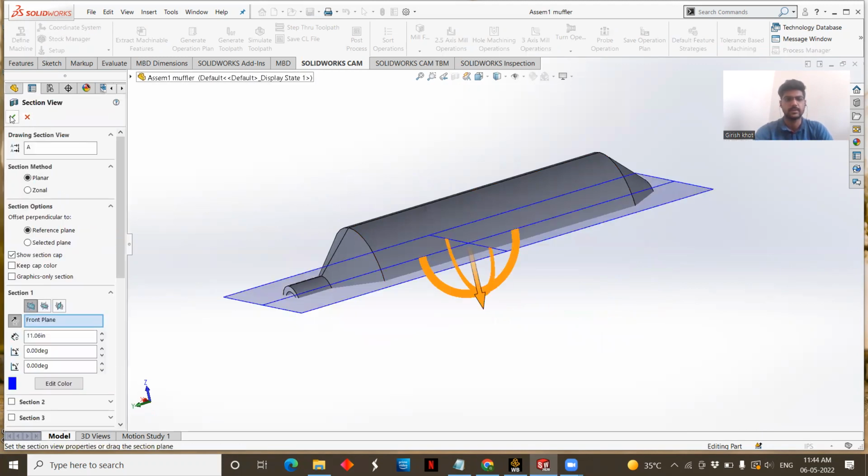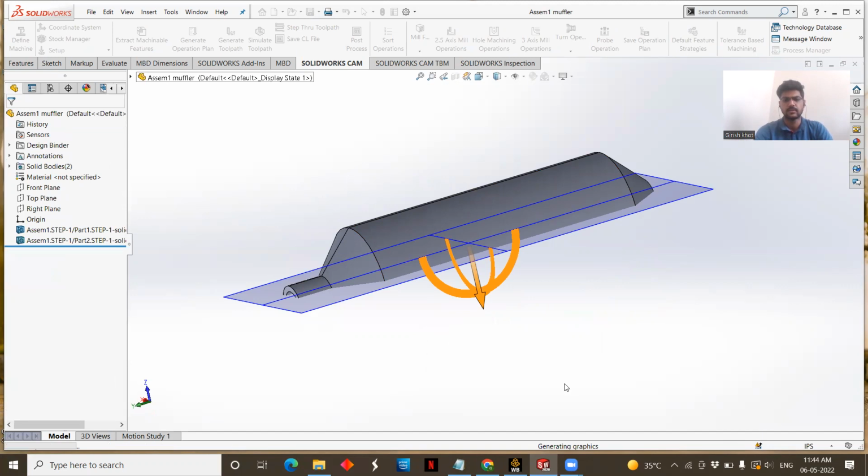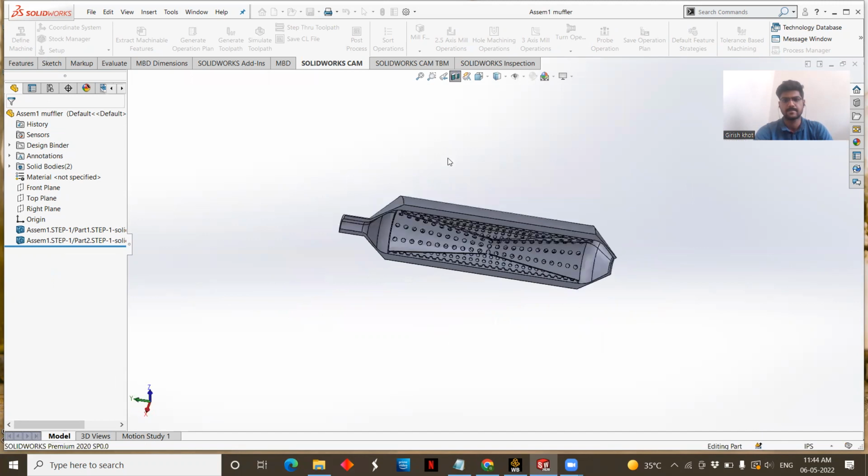So in the sectional view, we can see that there are two types of nets. They are assumed to provide some acoustic barrier so that we hear less noise outside in the atmosphere.